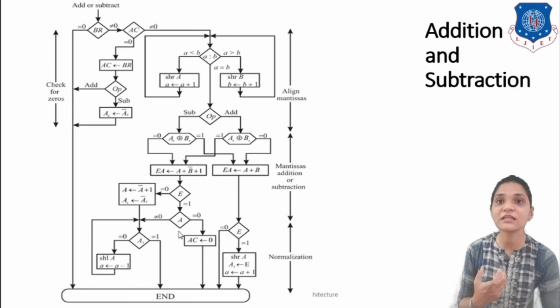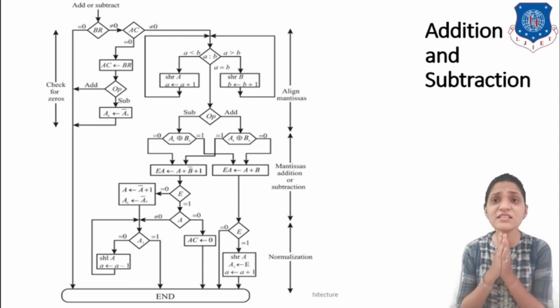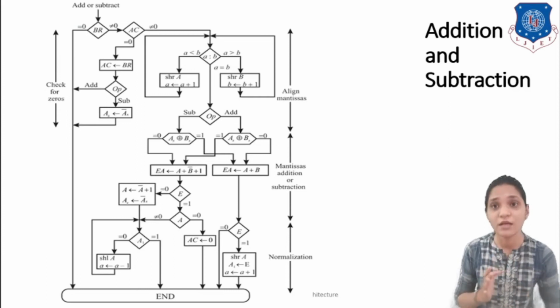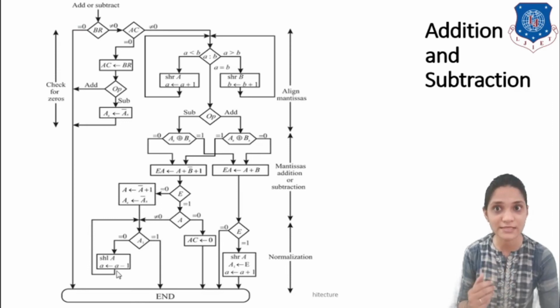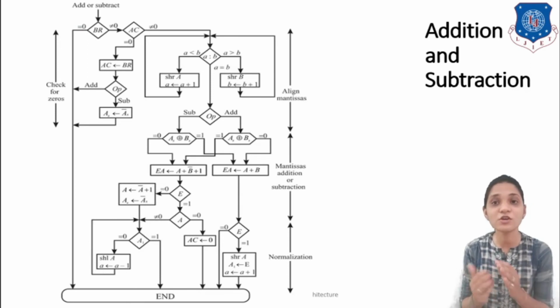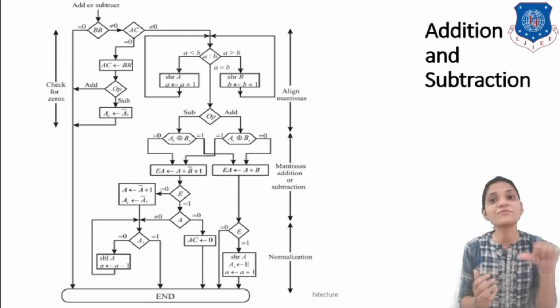And after that we have to check for the A1 bit, whether this A1 bit is 1 or 0. If it is 1, that means your mantissa is aligned. If it is not 1, that is 0, that means you have to shift, but this shifting will be left side, because your number is like 0.000 something, and you have to make this 0.1, so you have to shift left side.